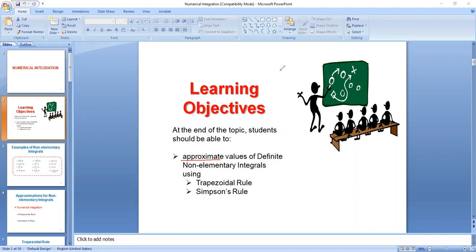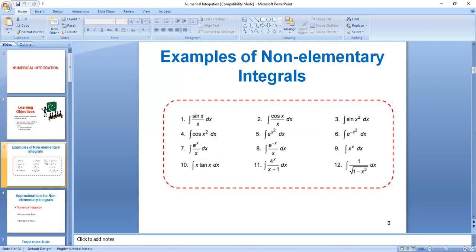And speaking of non-elementary integrals, what makes them non-elementary? So we say that the formulas and the techniques covered last term will not be applicable to such integrals. So I have here examples of non-elementary integrals. So you have sine x over x. This would have been easily integrated if it's not division.